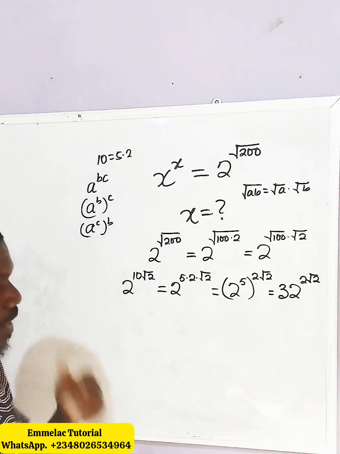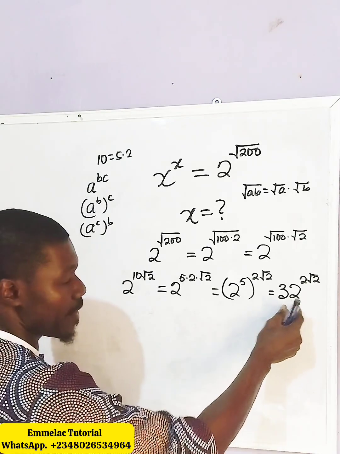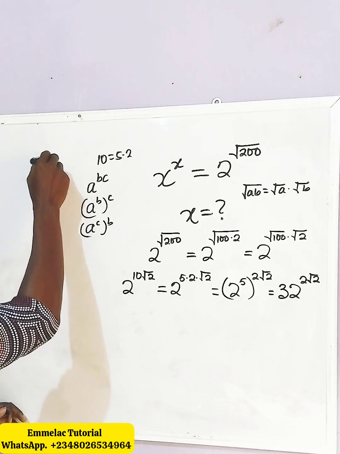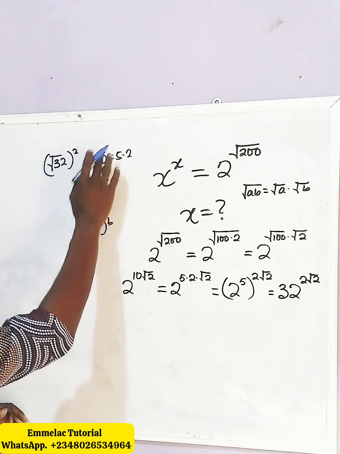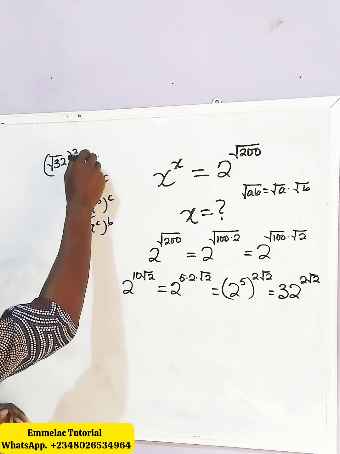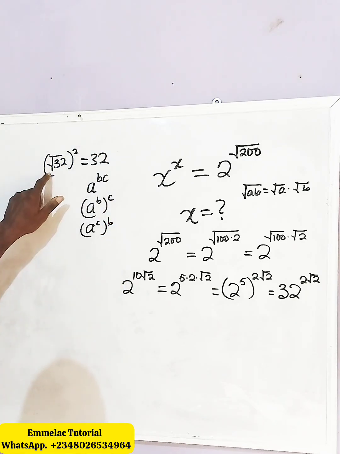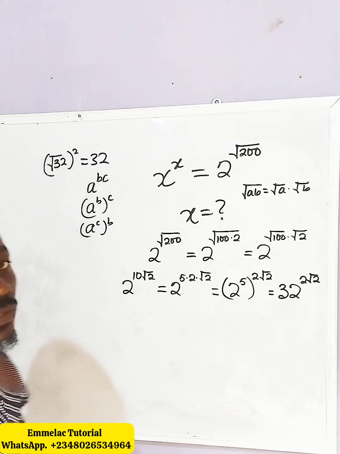Now 32 here could also mean the square root of 32 all raised to the power of 2. It is the same thing as 32, because the square here will undo the square root, giving us 32.